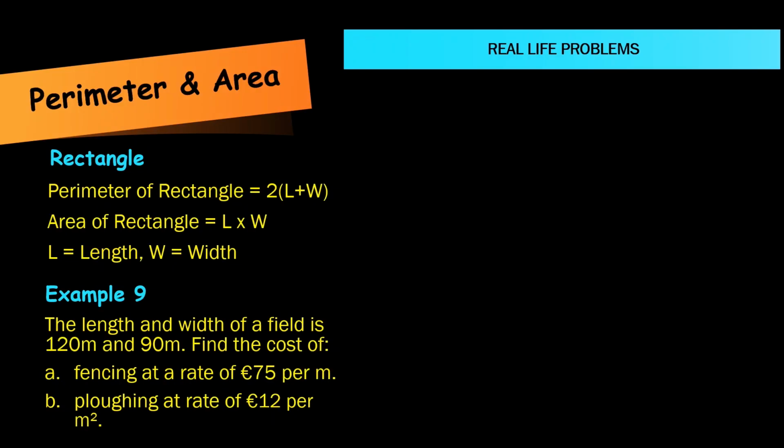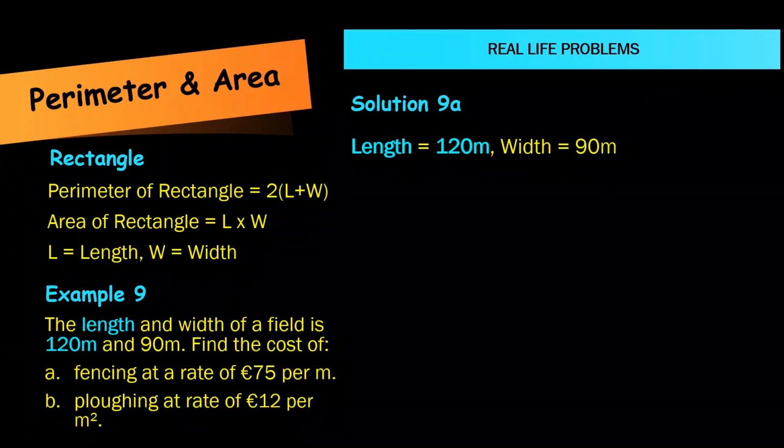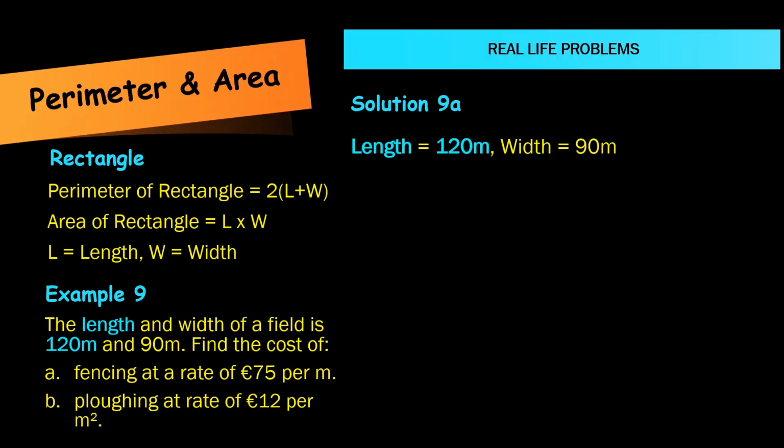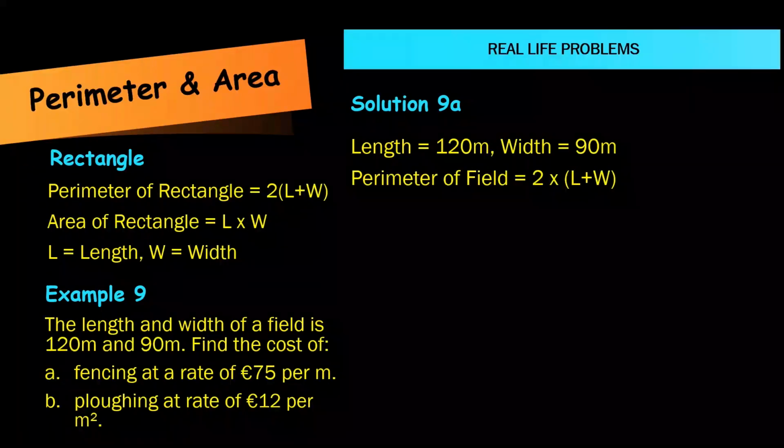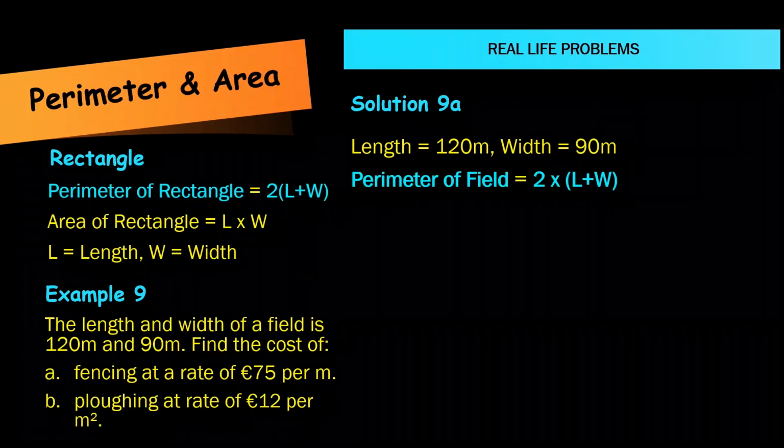So let's solve this. We're going to begin by solving Part A and writing out the key points. We have that the length equals 120 meters and the width of the field is equal to 90 meters. From our formula, we have that the perimeter will be 2 times length plus width, as shown.